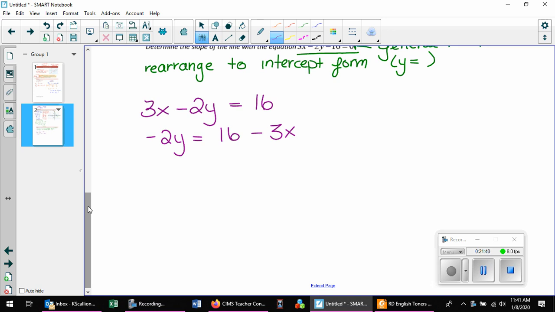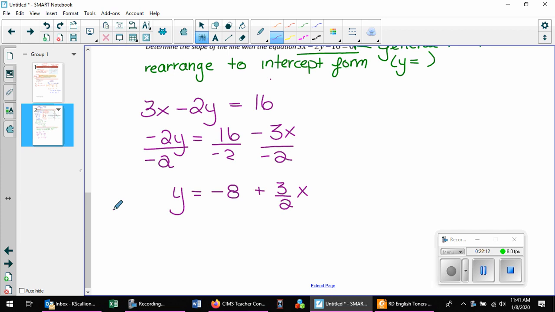Okay. Do I want a negative 2? I just want y. So you're going to divide by -2. So this leaves me with y over here. This leaves me with a negative 8 and a positive 3 over 2x. How many are upset that it's in the wrong order?